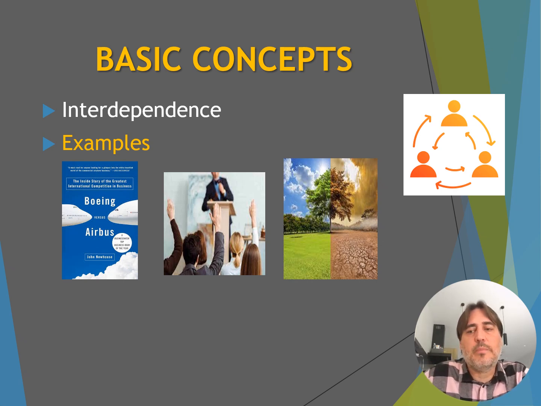Global warming depends, for example, not only on a country's emissions, but also on those of the rest of the countries. There are also other examples regarding team organization. When a group of people has a common goal, for example, manufacturing a product, they need to coordinate to achieve it.